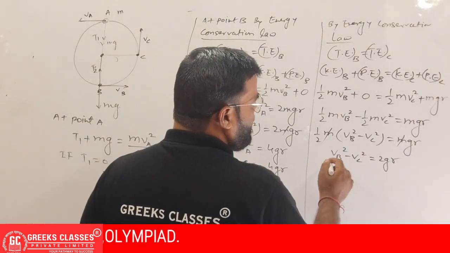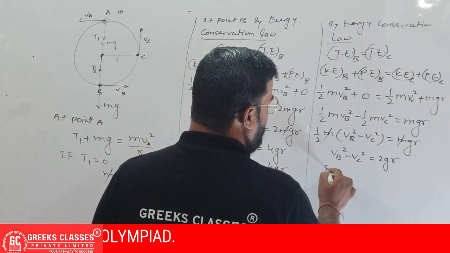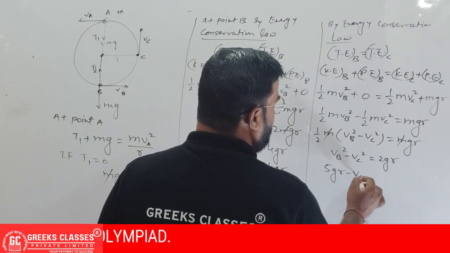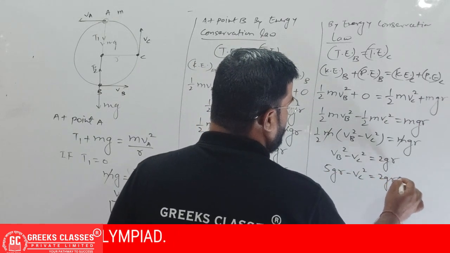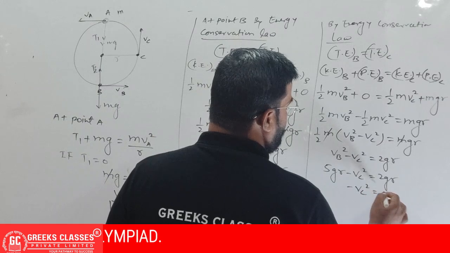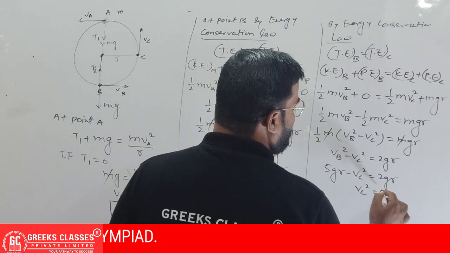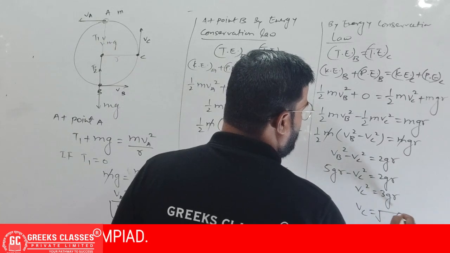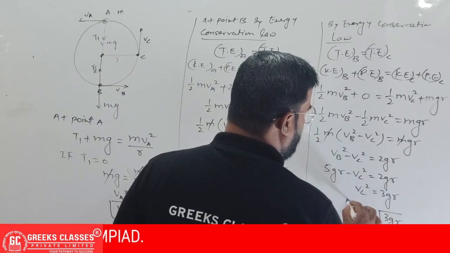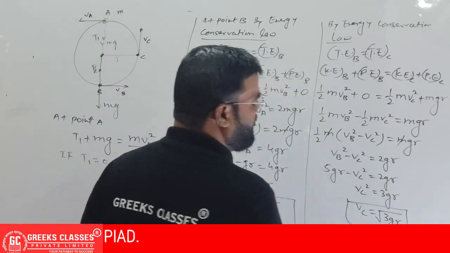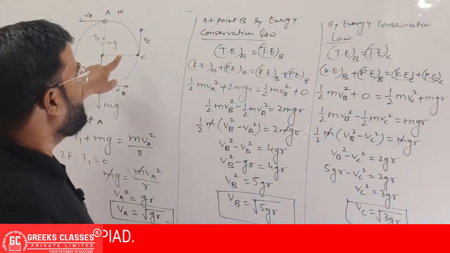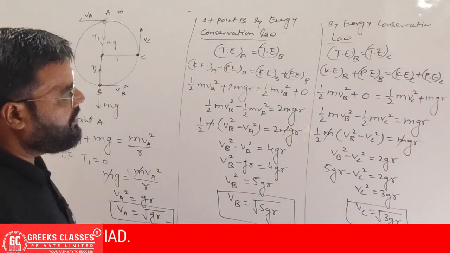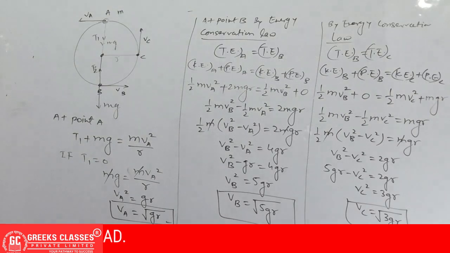Put here: 5gr minus VC square equals 2gr. So VC square equal to 3gr. So VC equal to root under 3gr. This is the minimum velocity at point C required by the object to continue its motion on the vertical circular track.